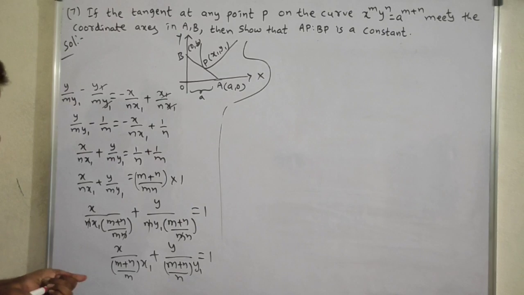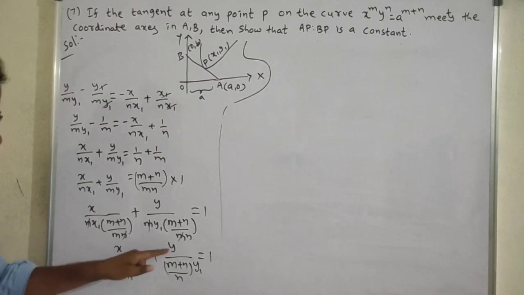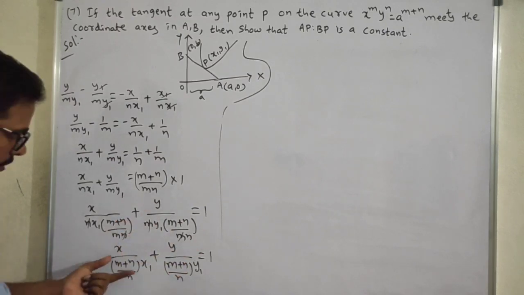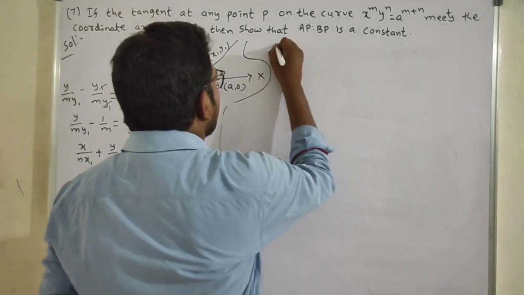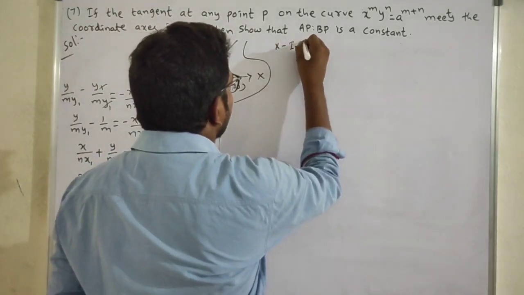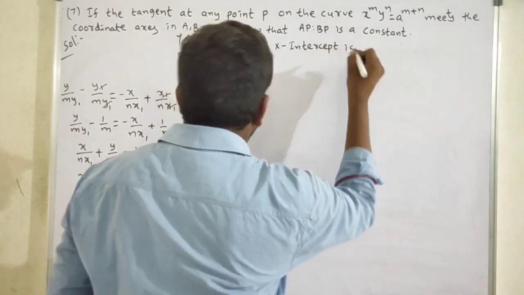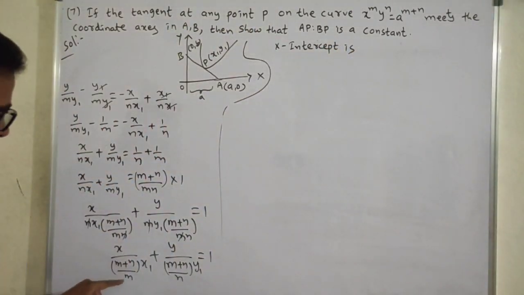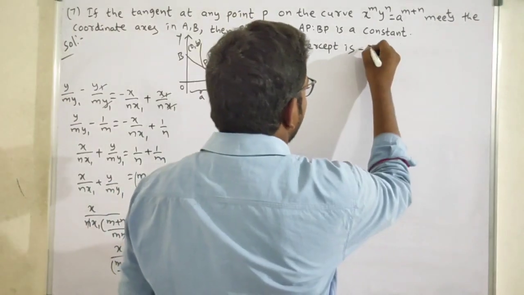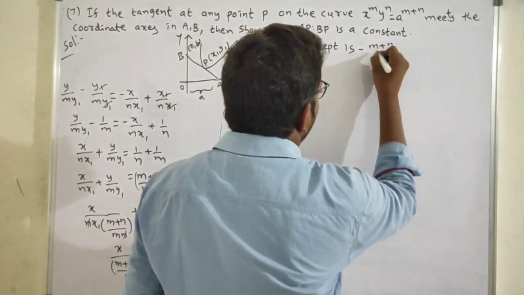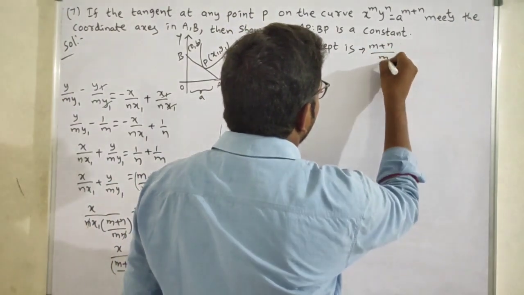So it is in the form of x by a plus y by b is equal to 1. So this is the x-intercept. What is the x-intercept? It is (m plus n) by m into x1.